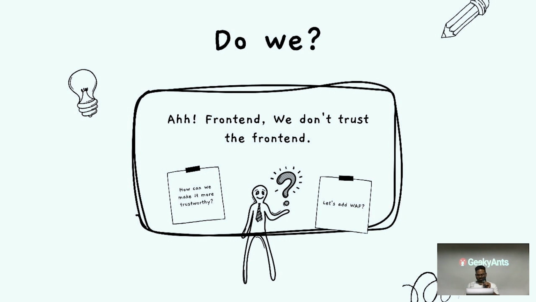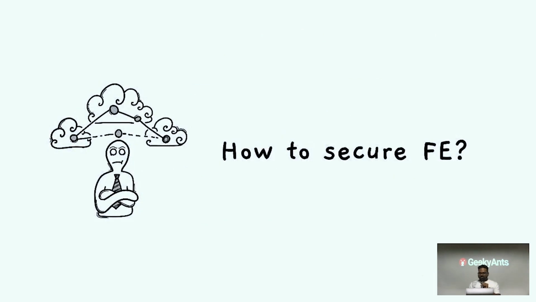So, any ideas? How can we secure the front end? Just a couple of ideas. We have a lot of front end folks, right? Validations. What kind of validations in the back end? Okay, cool. Anyone else?